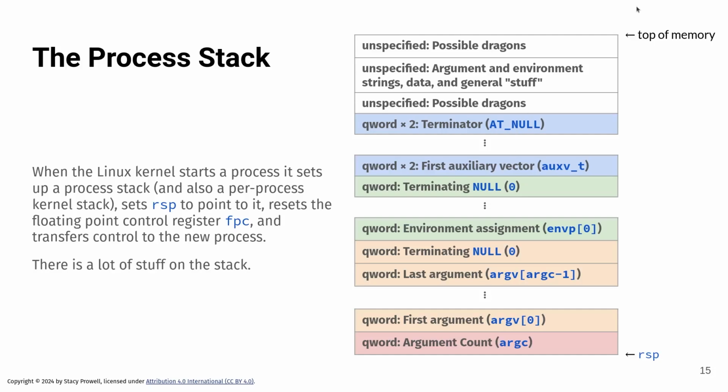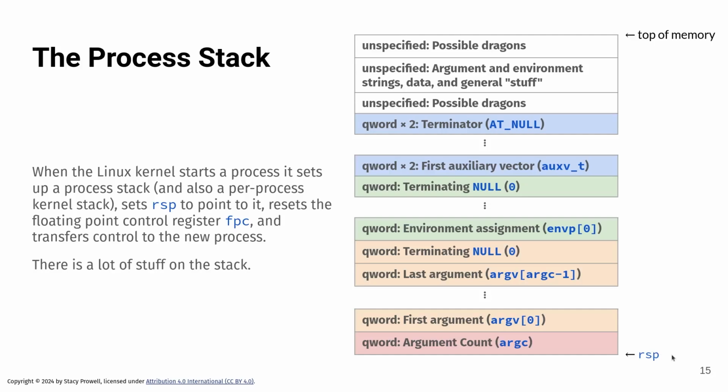So up here is the top of memory. The stack grows downward, and I don't really mean top of memory. I really mean it's the top of the stack space. The stack grows down as stuff is pushed onto it, and the stack pointer points at the most recent thing that has been pushed onto the stack.